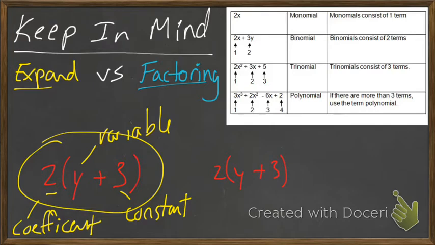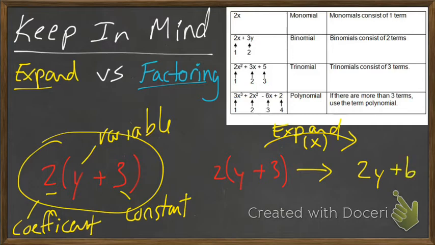If I were to expand this, that means multiply it out. So I'm going to put multiply here. What I would end up with is 2y plus 6, because I'm distributing the 2 into the positive 3 and the y, and I'm multiplying it each time.